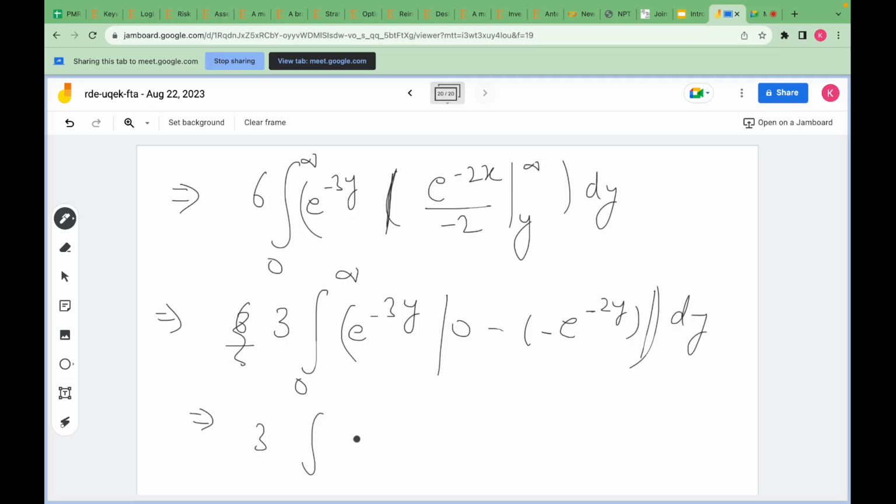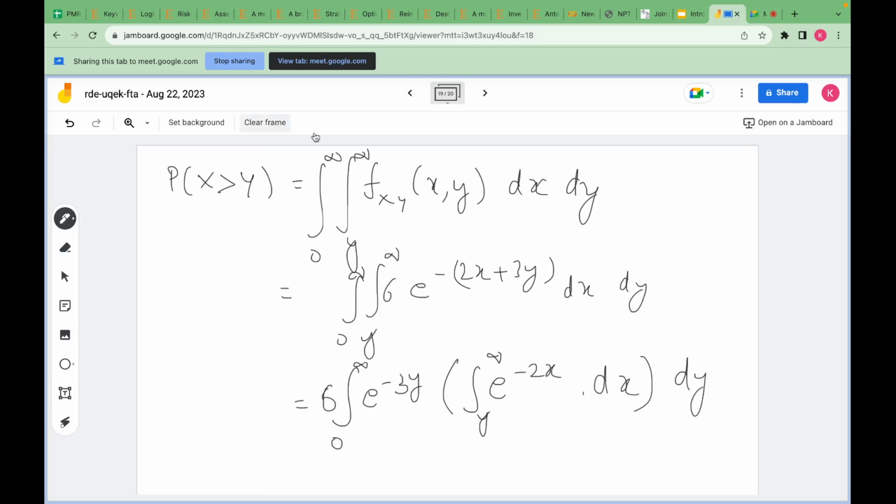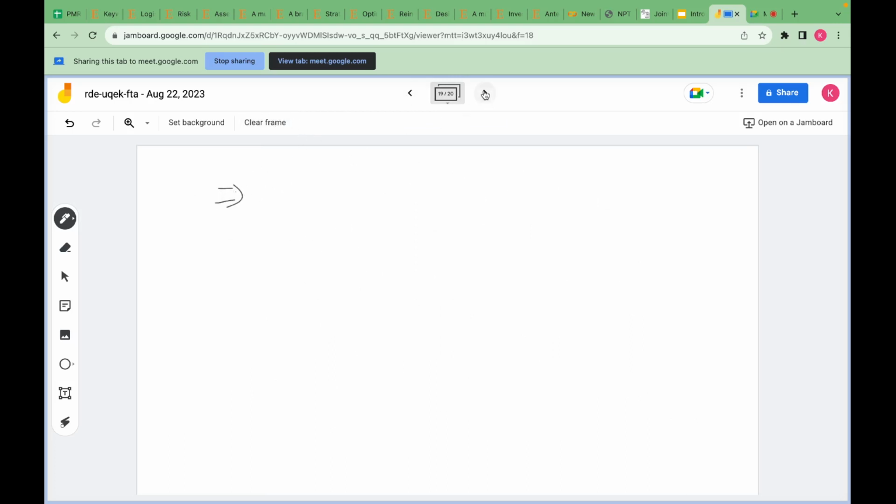So this is 3 e to the power minus 3y into e to the power minus 2y dy, 0 to infinity. This is 3 e to the power minus 5y dy, 0 to infinity. This will come out to be 3 into e to the power minus 5y divided by minus 5, where y is varying from 0 to infinity.